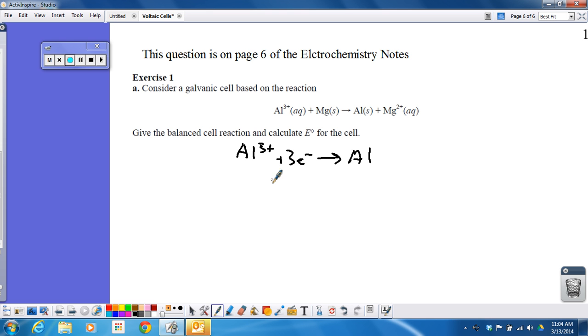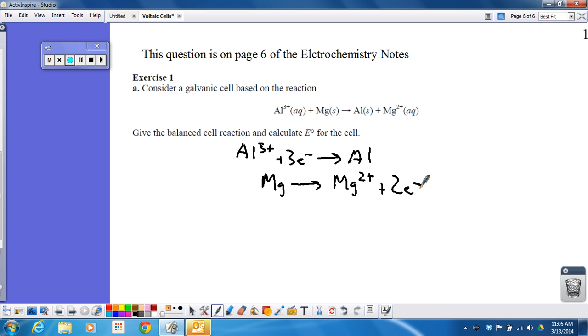Then I know my magnesium is becoming Mg2+ plus 2 electrons. Okay. So I want to figure out the balanced chemical reaction because you notice this is not balanced as written, and I want to calculate E cell.